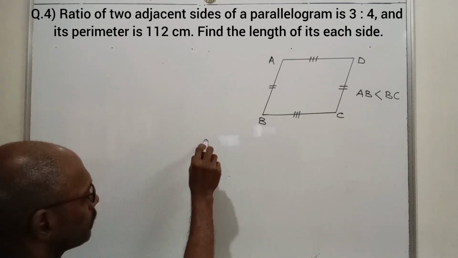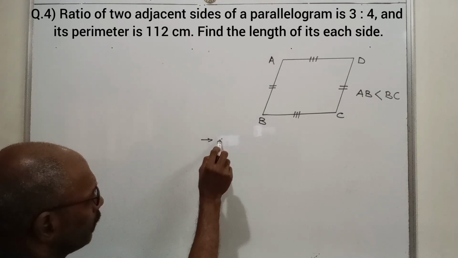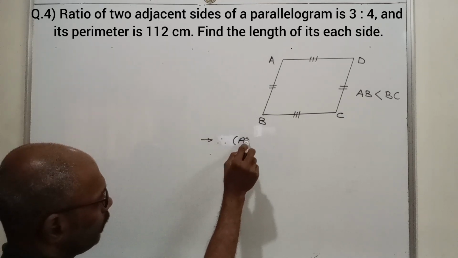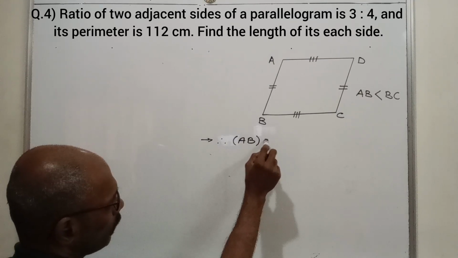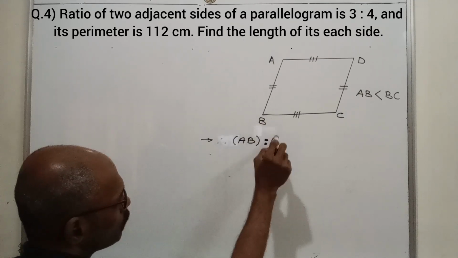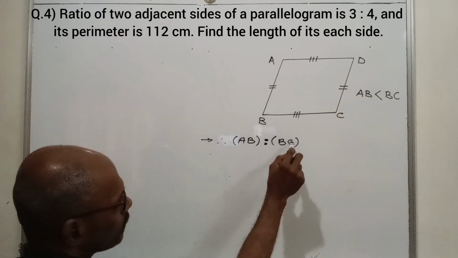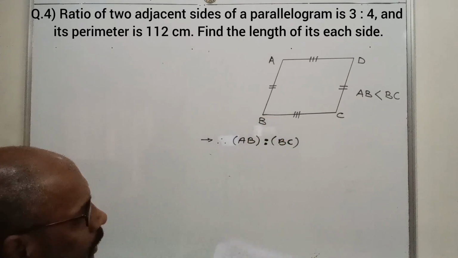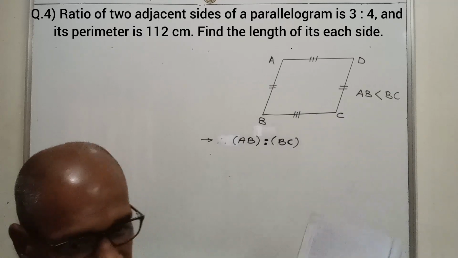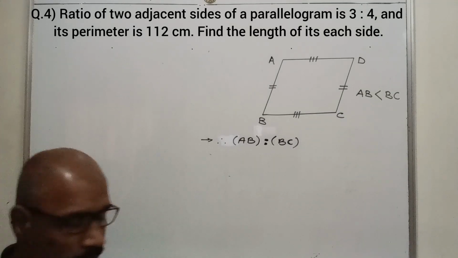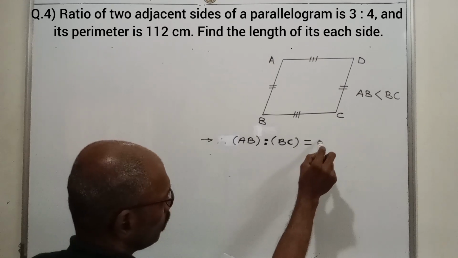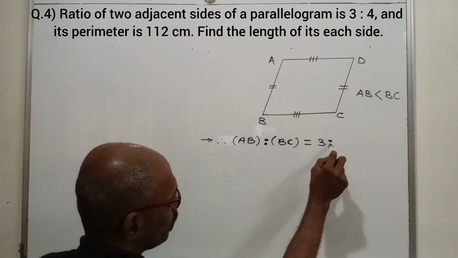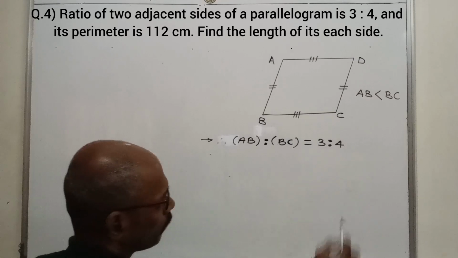Therefore, AB is to BC, because I have said AB less than BC, AB is to BC is equal to 3:4.